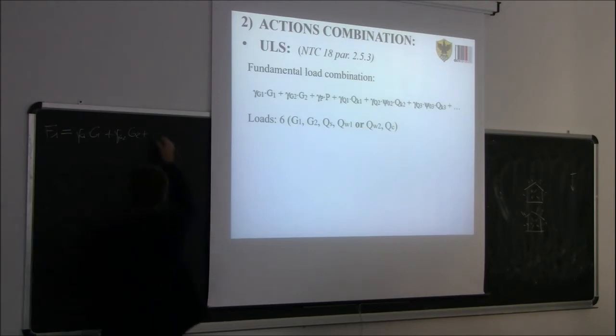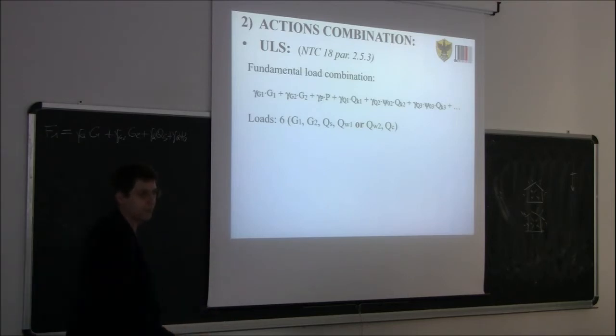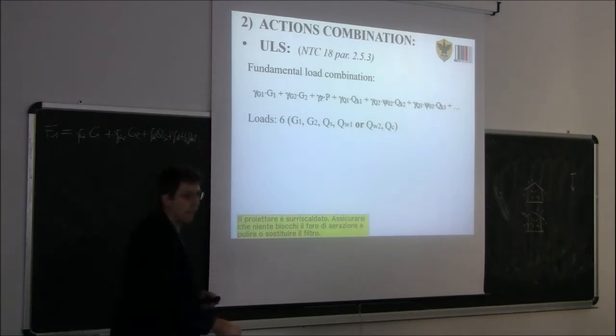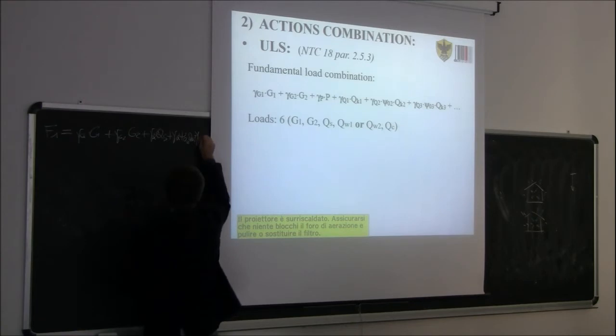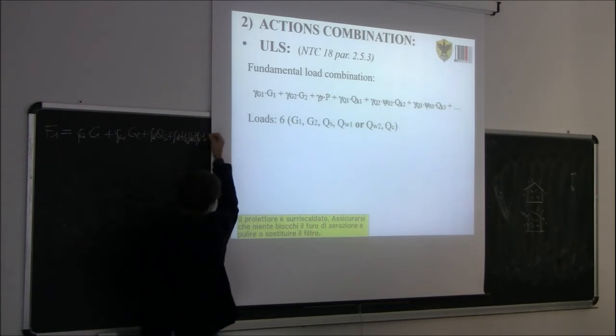We choose with snow, for example, so the snow load is the basic variable load, plus gamma Q, then let's say psi 0 times QW1, so this would be psi 0W, plus gamma Q times psi 0C and then QC.